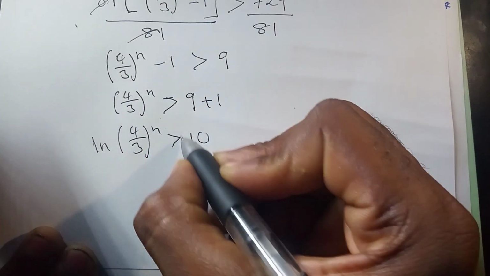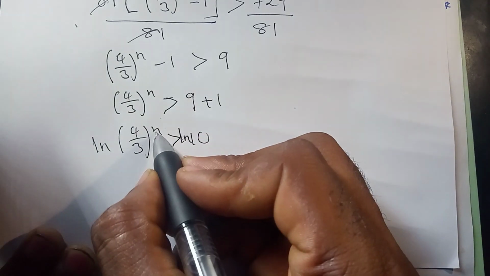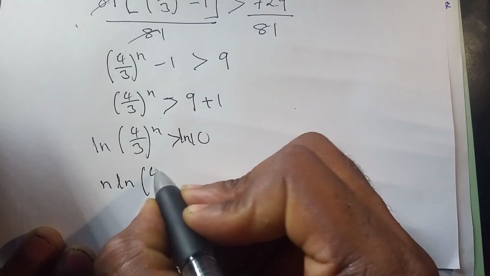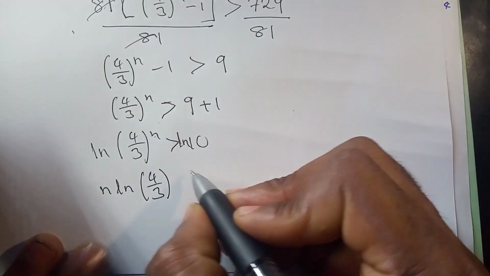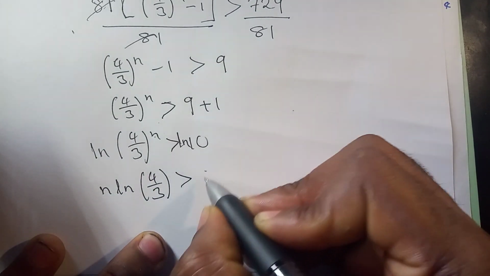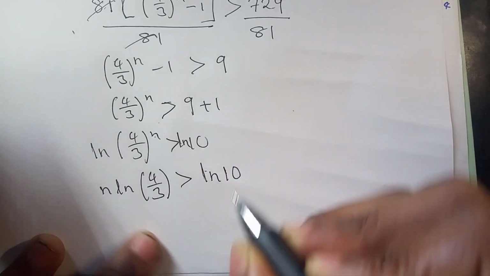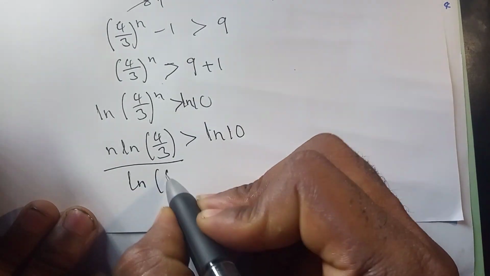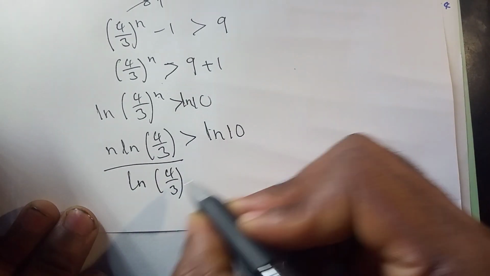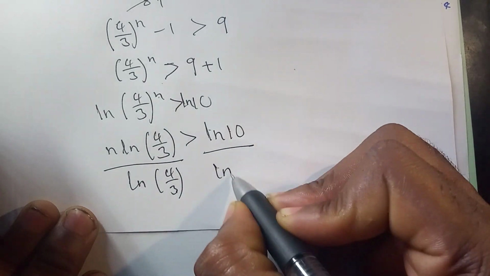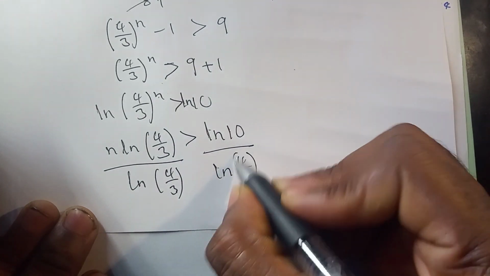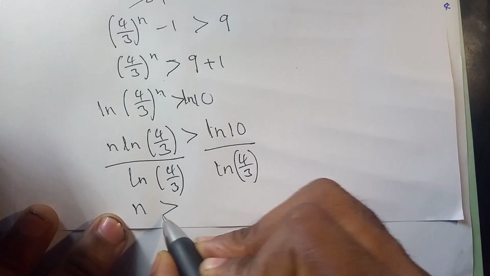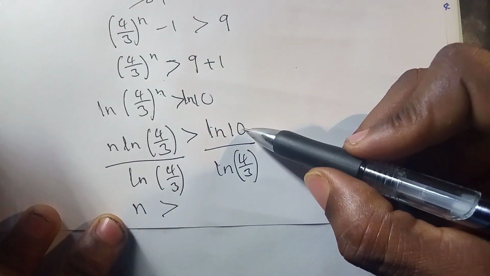I'll introduce the natural log to both sides, and this one will be n natural log 4 over 3. Then this is greater than natural log 10, and then I can divide both sides by natural log 4 over 3, and then n will be greater than, you can just punch this one on your calculator.